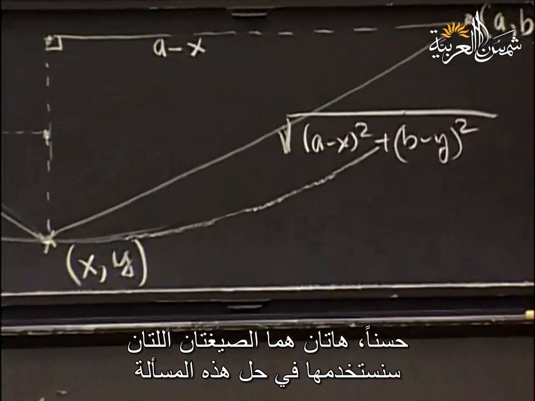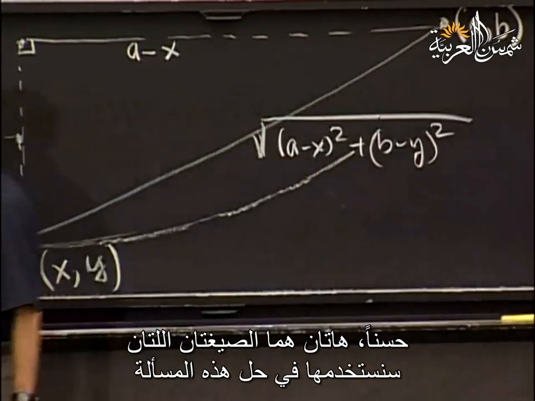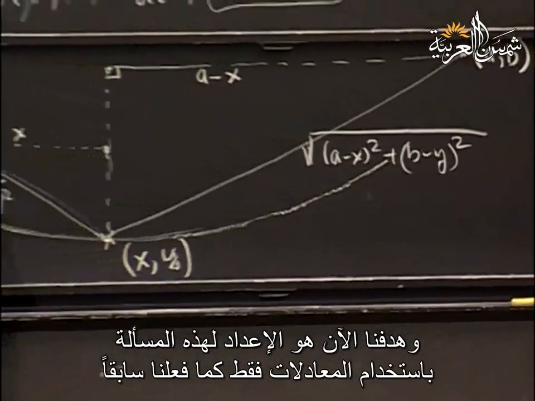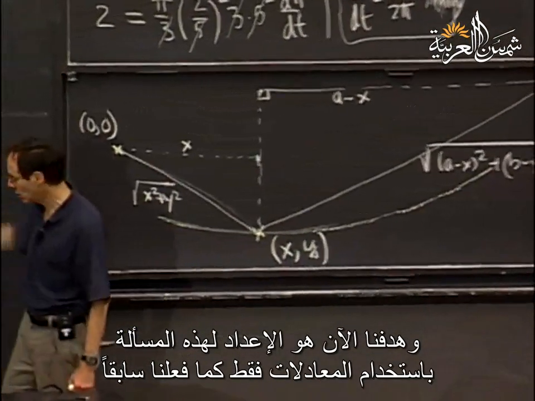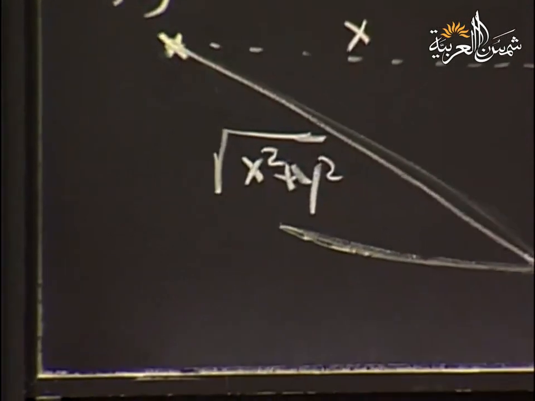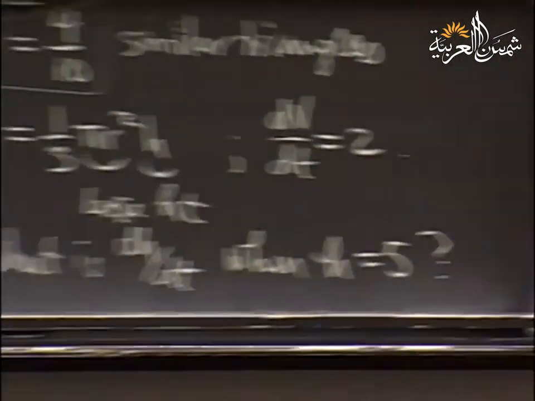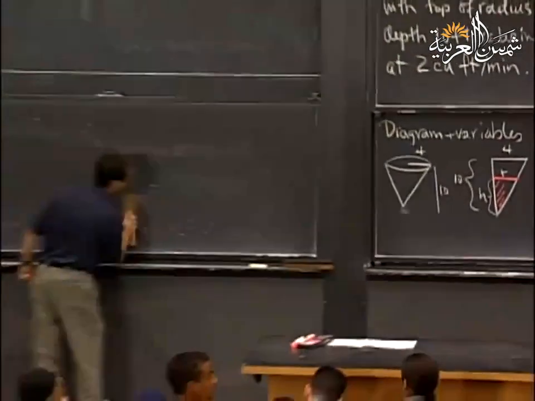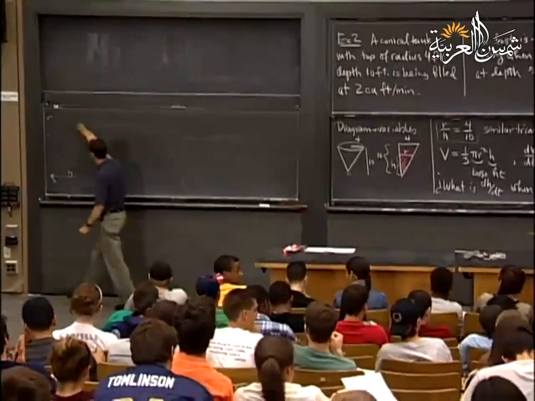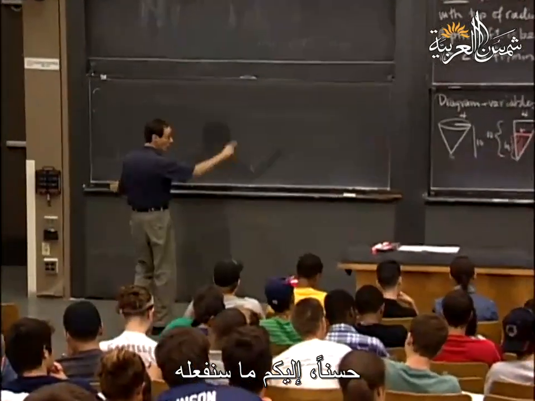So here are the two formulas that are going to allow me to set up my problem now. My goal is to set it up the way I did here, just with formulas, and not with diagrams and not with names. Okay, so here's what I'd like to do.